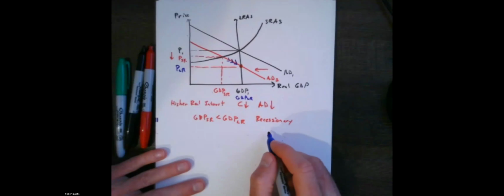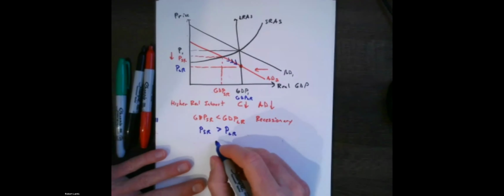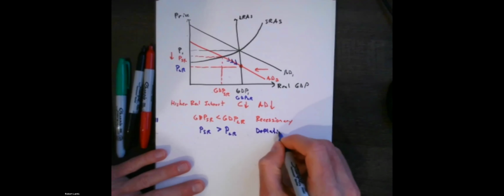even more. So instead of a recessionary gap, if those current short run prices are greater than what we know the long run prices are going to be, and we know they're going to decrease, we're going to experience deflation. We might also call this a deflationary gap.